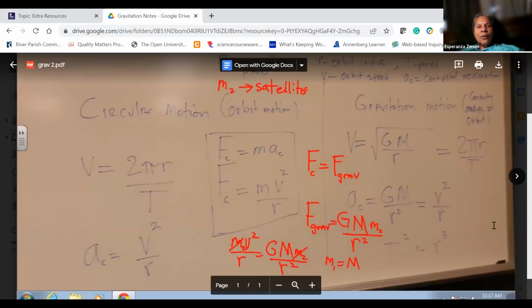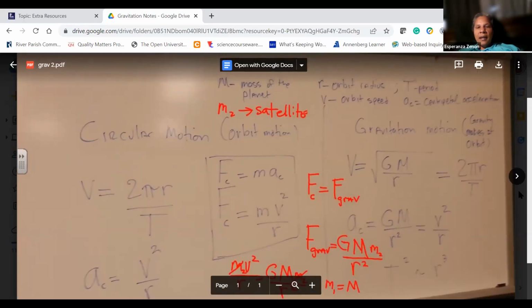So now I know if this object is moving in a circular orbit path, I know the speed, the acceleration, and the force. But if it's moving in a circular orbit, the question is, what's keeping it in orbit? Well, gravity, right? That's not difficult to understand. What is keeping the Earth in its orbit around the sun?